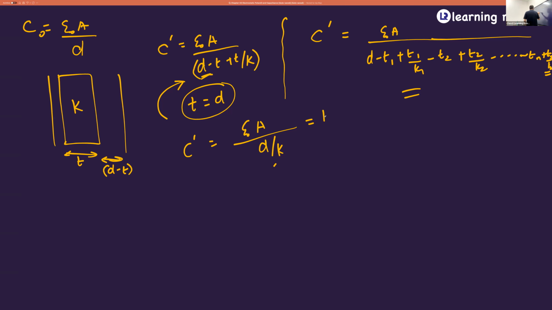It becomes K times epsilon naught A divided by D, and this epsilon naught A divided by D is C naught. So it will be K times C naught.